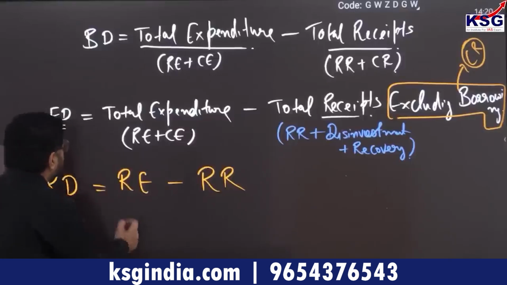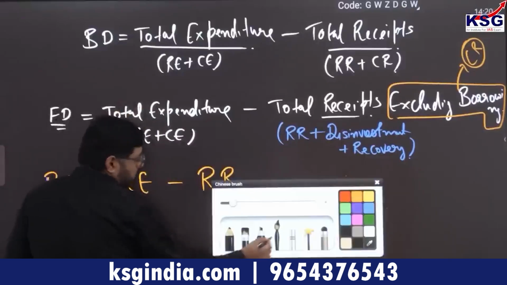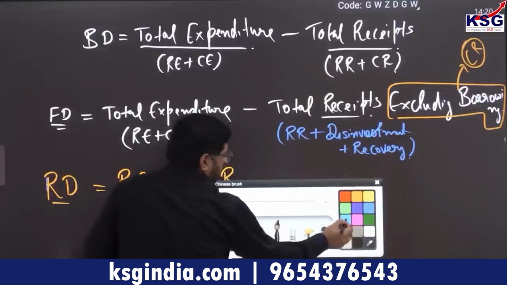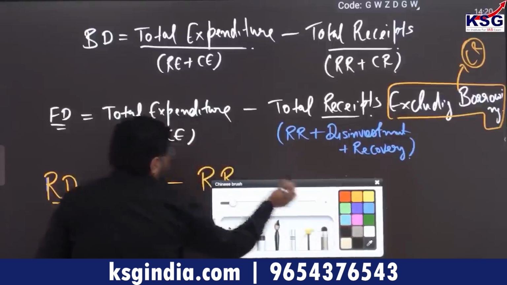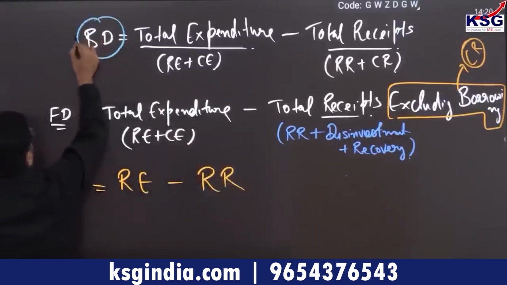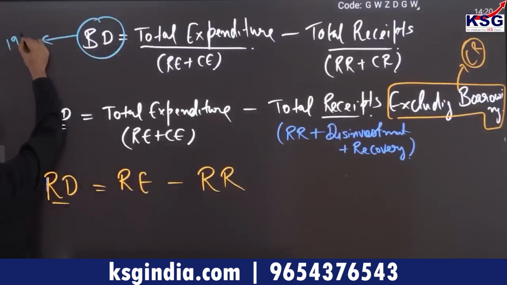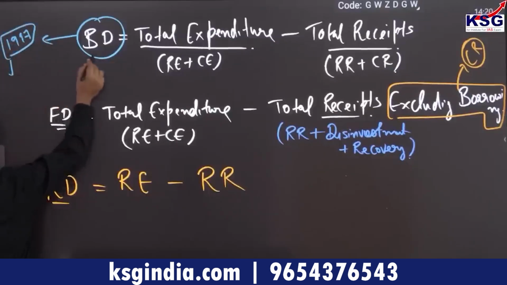Now if you see this budget deficit, we stopped using it after 1997, or you can say till 1997. After that we are not using budget deficit, we use only fiscal deficit.